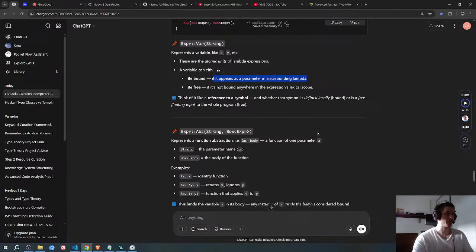So the free variables are the ones that are not bound, are not parameters of the current function. Oh no, if it appears as a parameter in a surrounding lambda, I think if there is a dependency across the chain of lambdas, then it is bound. If there isn't, then it is free in that context.